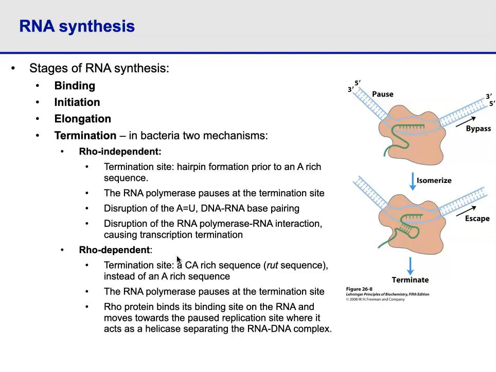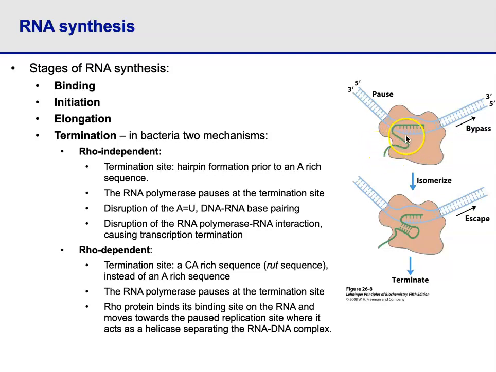Towards the end of the transcribed sequence, the RNA polymerase basically reaches an area which is rich in adenine nucleotides. Prior to that A-rich sequence, there is an area that has the ability to form a hairpin loop. In other words, this is a palindromic sequence.